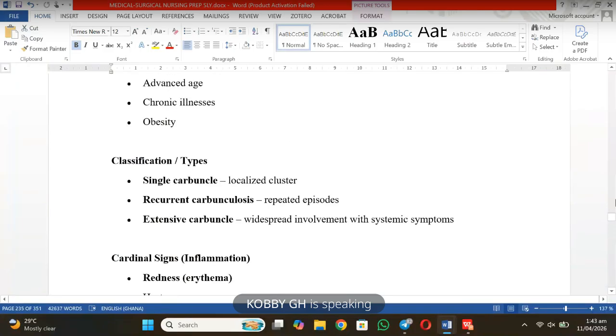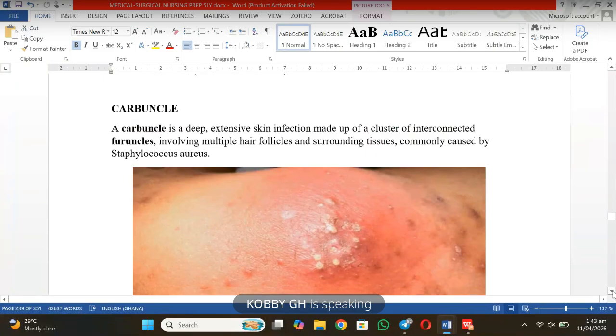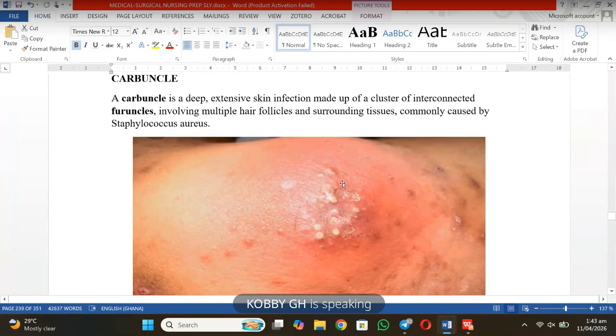Let's quickly look at the image of a carbuncle. You see, when it comes to a carbuncle, it's like interconnected. So when multiple furuncles are interconnecting in a particular area, we call that a carbuncle. You see over here, it's not one.